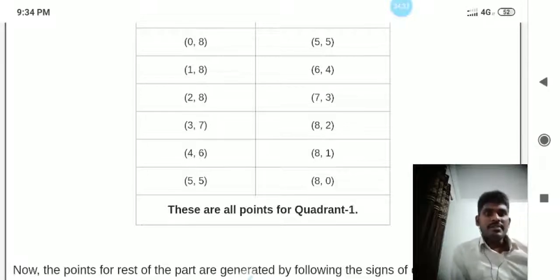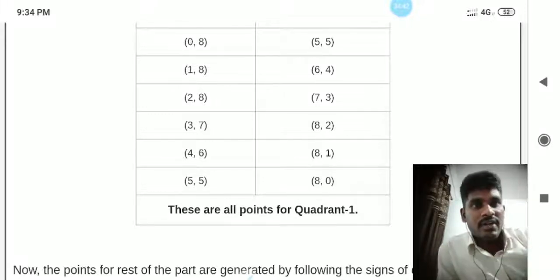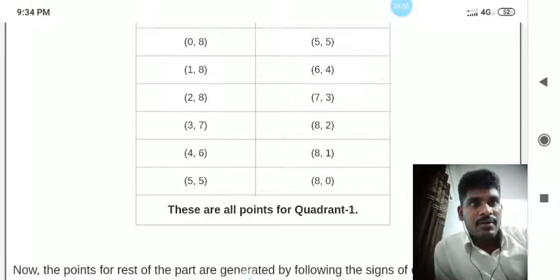Now simply reverse it, and we will find the other octant. Once one octant is completed, find the next. Look here, 5 reversed, simply write the reverse: 5, 5, 6, 4, 7, 3, 8, 2, 8, 1, 8, 0.